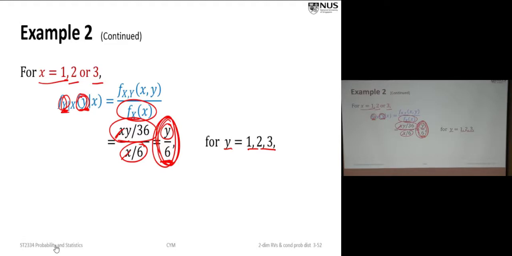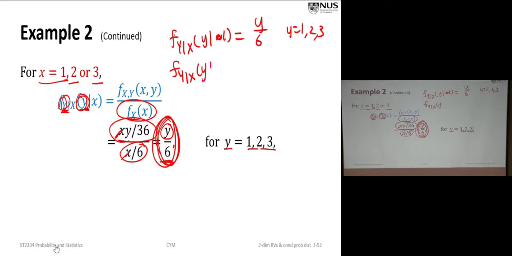So what does that mean? It means that it doesn't matter what your x value is, so long as x equals 1, 2, or 3. That means given x equal to 1, it is equal to y over 6 for y equal 1, 2, 3. Given x equal to 2, it is also y over 6, y equal 1, 2, 3.